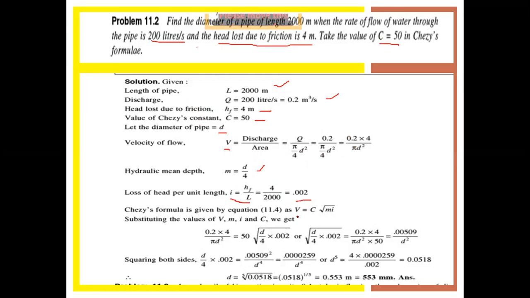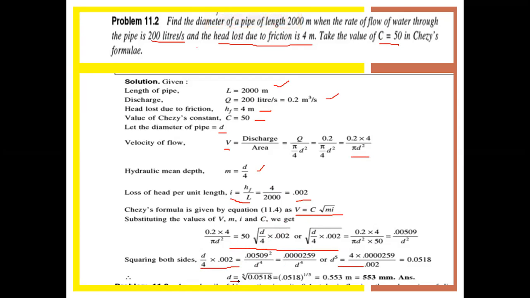By taking the Chezy's formula, V is equal to C into root of mi. So substituting the values of V, m, i and C, we get V. What is the V here? V is equal to this one. C value, we know, is 50. And root of M is equal to D by 4 into 0.002. So substituting all this, we are slowly getting the value.